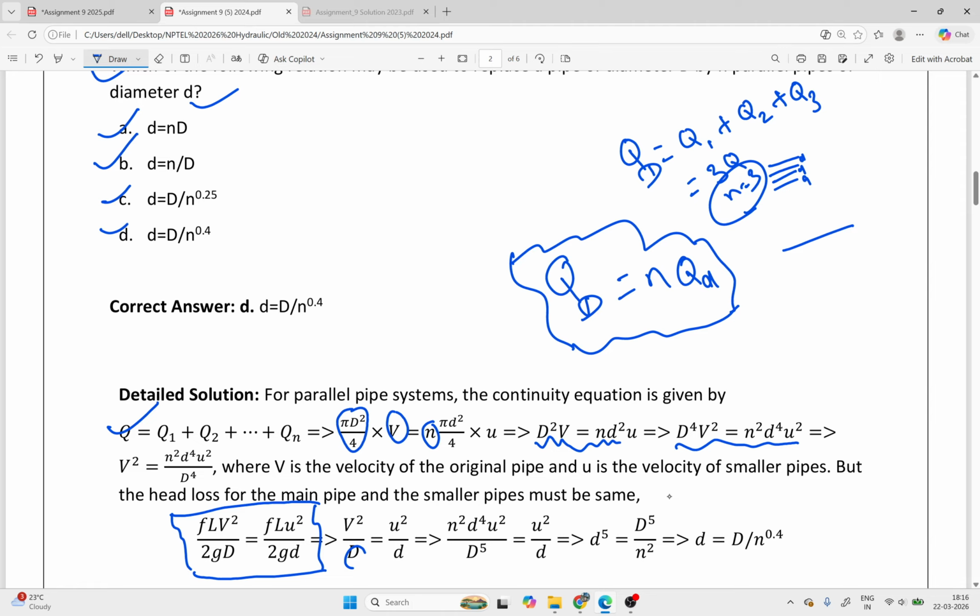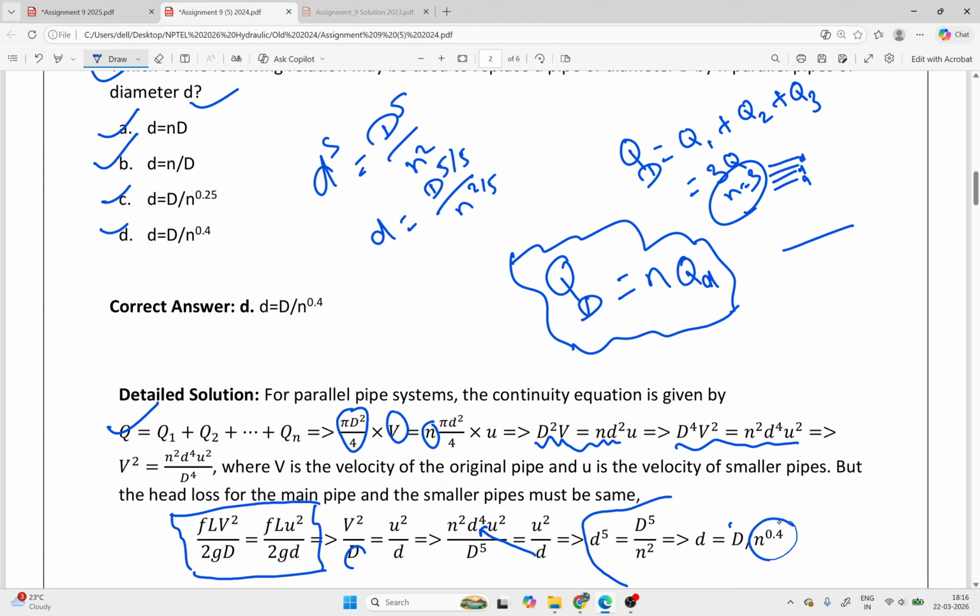So from here you can very easily calculate that D to the power 5 is equal to N square d to the power 5, once you take it to this side. Let me show you the simple form: D to the power 5 equals N square d to the power 5, meaning d is equal to D times N to the power 2 by 5, so definitely 0.4.